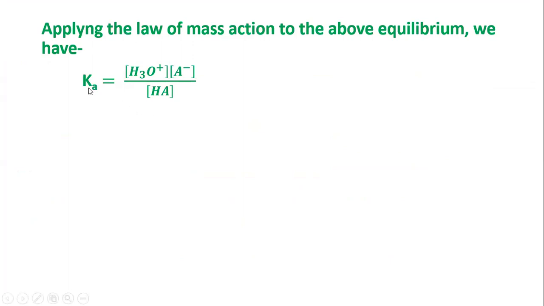Ka, which is nothing but the dissociation constant of the acid HA, is equal to the multiplication of concentrations of these ions divided by the concentration of undissociated acid molecules.